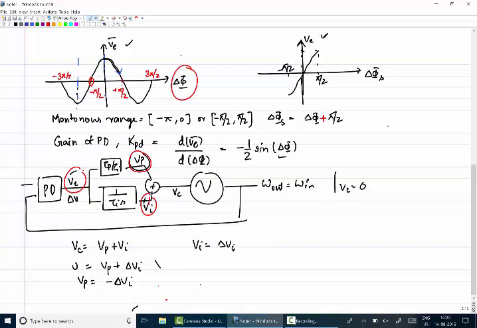Now you see, if I have this VP as some negative voltage, then I should have some phase offset at the input, and that will also be the lock condition. So for locking, it does not require that you always have a phase error of 0, but the phase error should not change with respect to time.